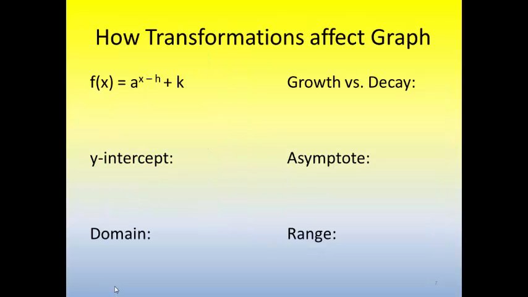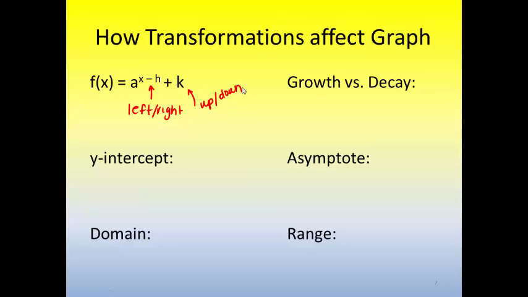So here's kind of a summary of what happens. How do transformations affect our graph? This horizontal transformation moves it left or right. This right here is our vertical transformation, moving it up or down.